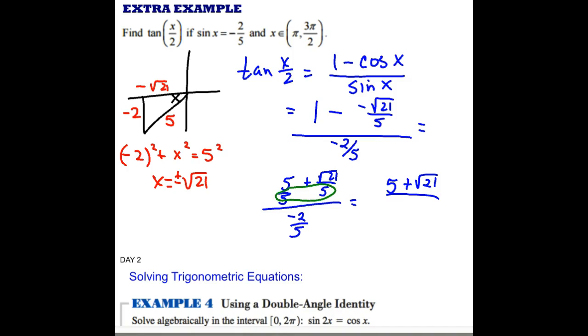We're dividing by 5 here, and then that whole fraction is being divided by negative 2/5. Will your 5s that I circled drop out? Yes. Do you see the difference in this one versus the last one we just did? So this becomes 5 plus root 21 all over negative 2. Okay, again, some books might write that as negative 1/2 times 5 plus root 21. Same thing. Either answer's okay with me.